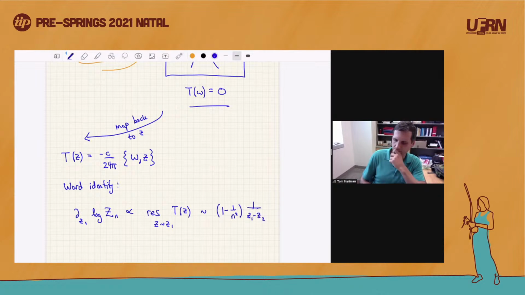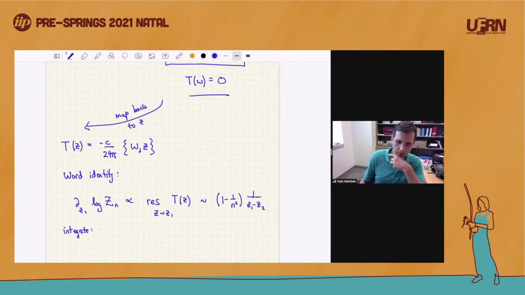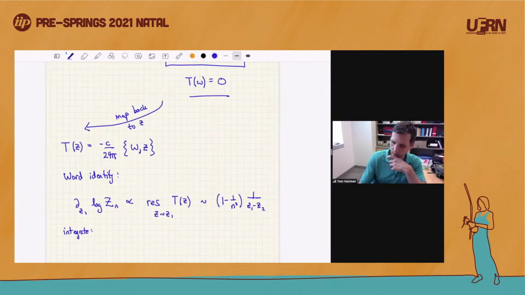Now we can simply integrate to calculate log Zn, and the answer that gives is that Zn is (z1 minus z2) to the minus 2 delta n, where delta n is defined to be c over 12 times (n minus 1 over n).